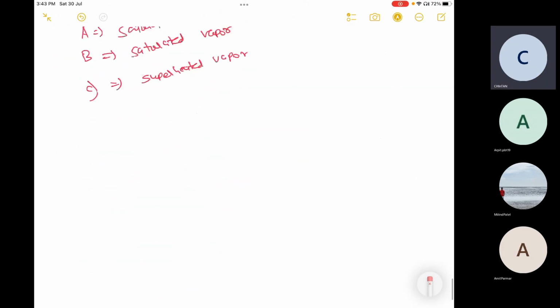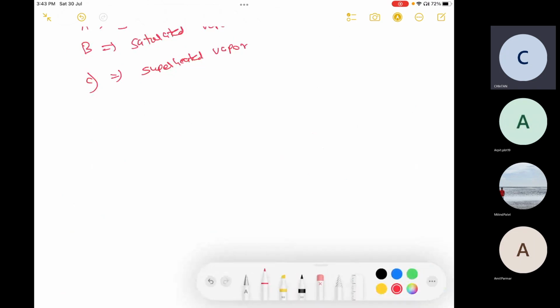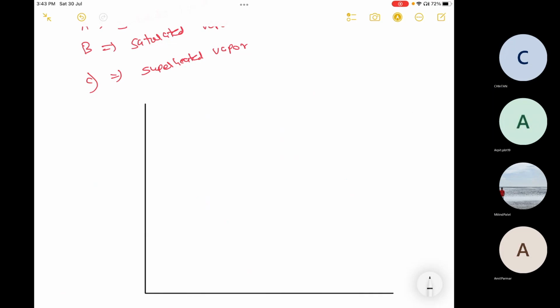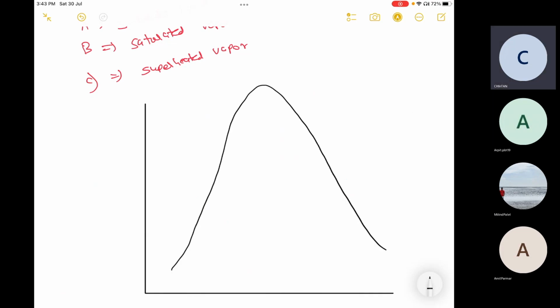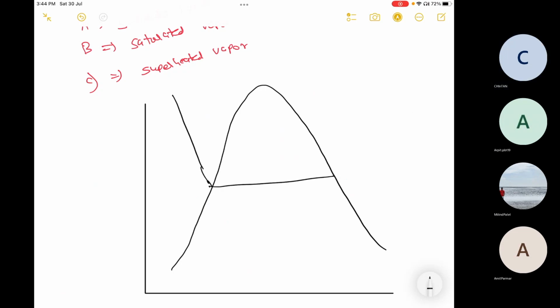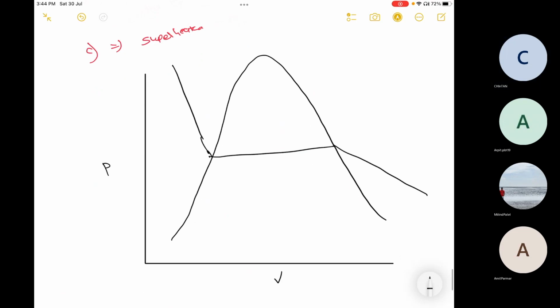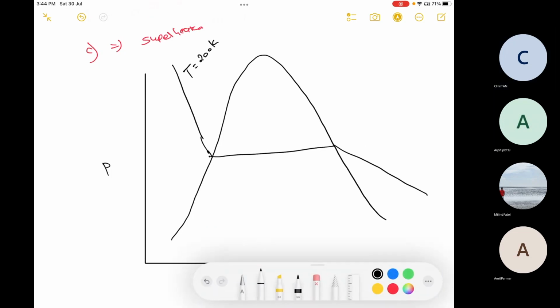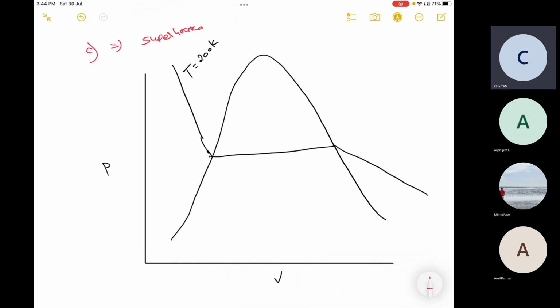Let me clean up because I would not like to use that same curve. Let's say this is my curve and let's consider a particular temperature. So this is pressure, this is volume, and temperature is equal to 200 Kelvin. What's happening here?